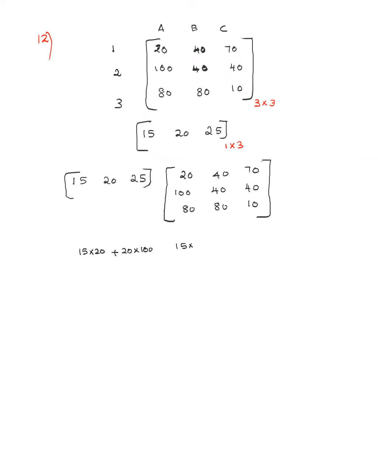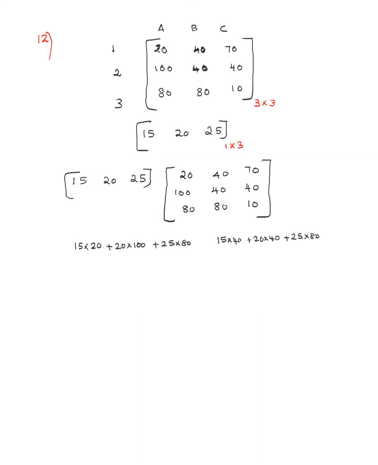And when we multiply, it's going to be 15 times 20 plus 20 times 100 plus 25 times 80. And then 15 times 40 plus 20 times 40 plus 25 times 80.